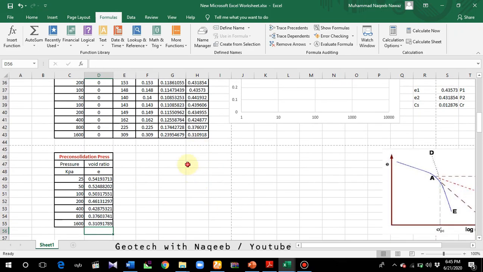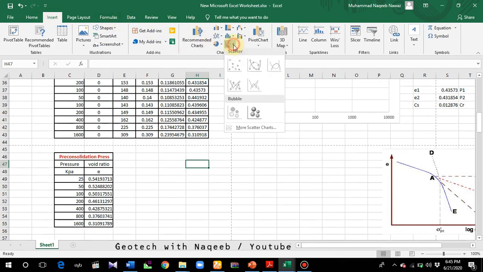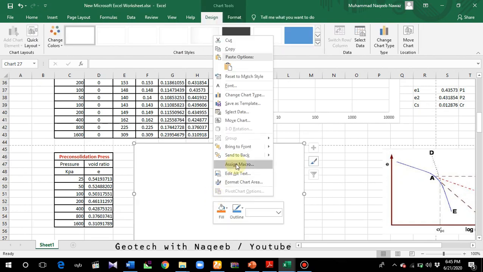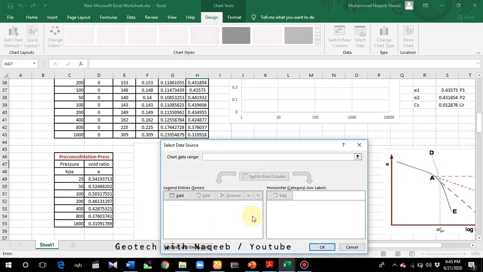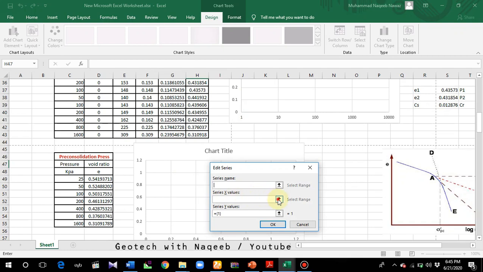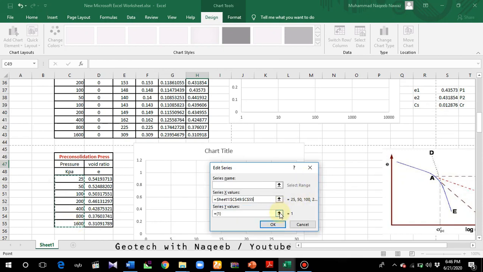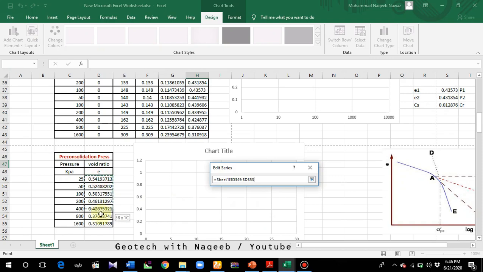Now I will plot a graph over here. We'll go to Insert, then select this graph, and then right click, Select Data, Add. Along the x-axis, again, there are the pressure values. Select these values. For the y-axis, I will have to select the e values.